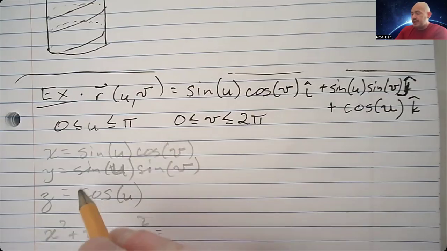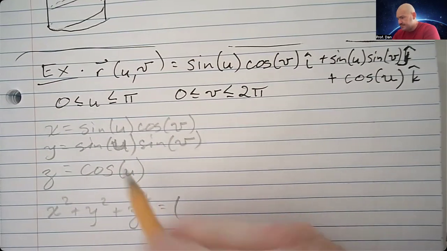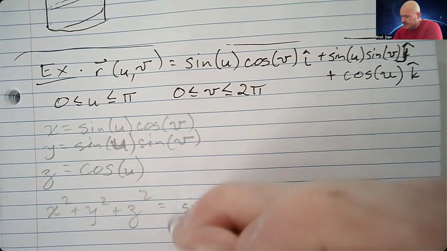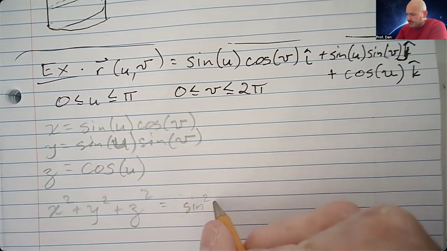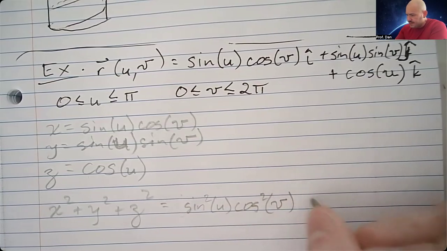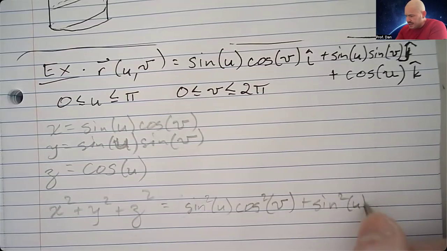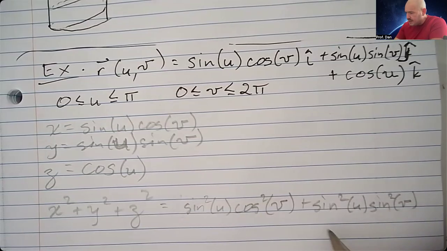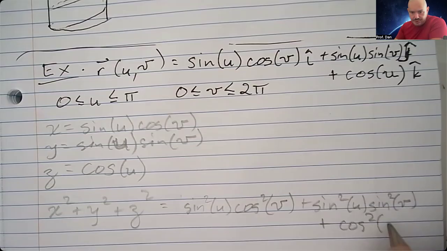So if I were to use my parametric equations to simplify this, I would square everything and end up getting sine squared u cosine squared v plus sine squared u sine squared v plus cosine squared u.